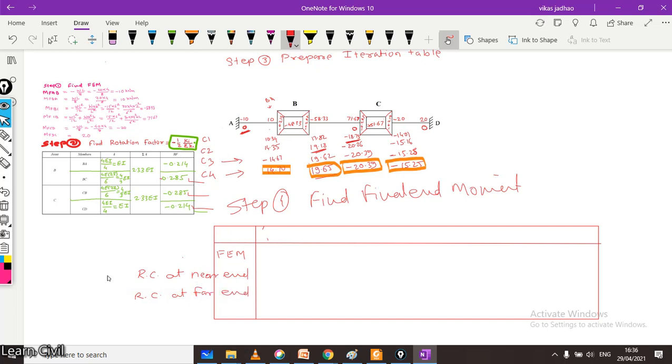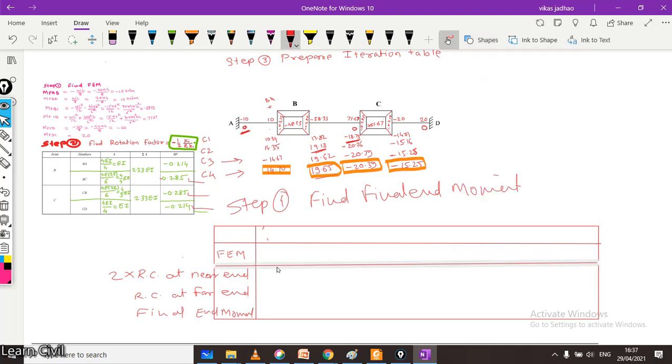This will be 2 into rotation contribution at near end, rotation contribution at far end, and final end moment. Like this we have to prepare one table, and write down the values here.